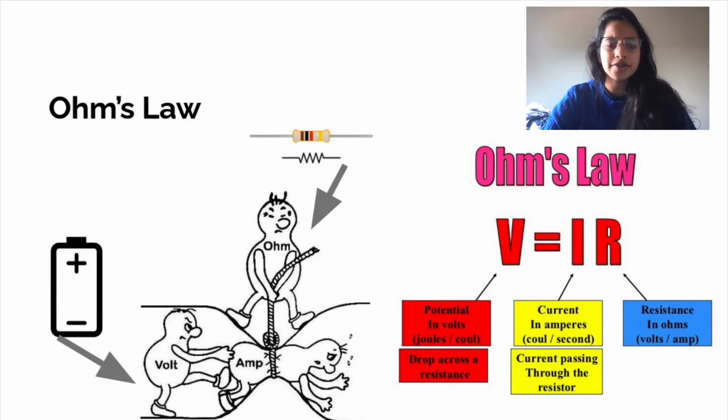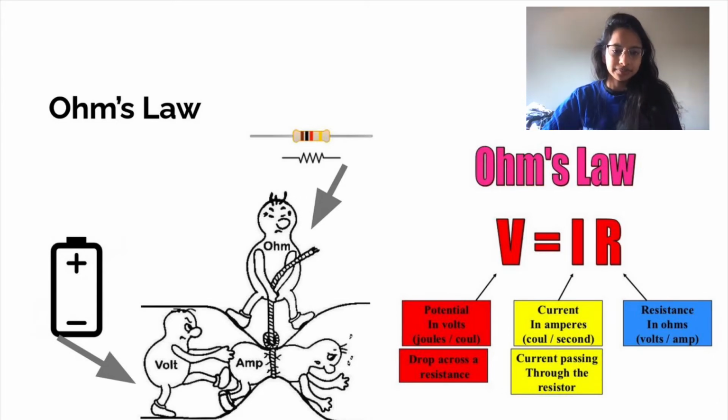And then our final quantity is voltage. Voltage is created through the batteries in our circuit. For instance, we have a battery that has a negative and a positive end, and this creates a potential difference. This is what really drives the electrons to go from the positive side of a circuit to the negative side.